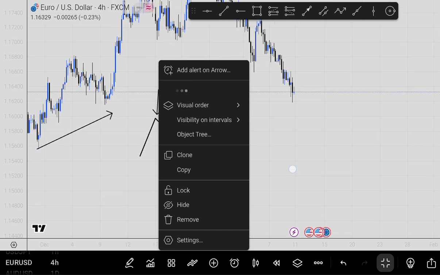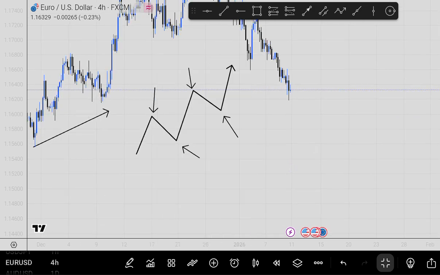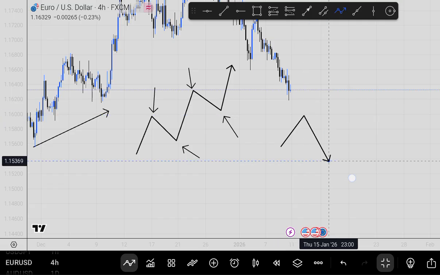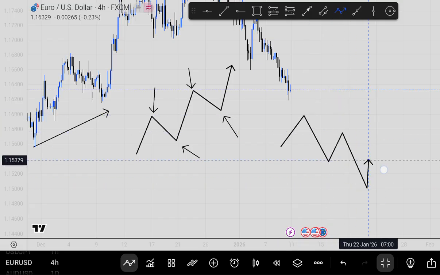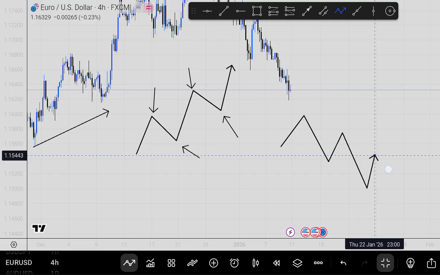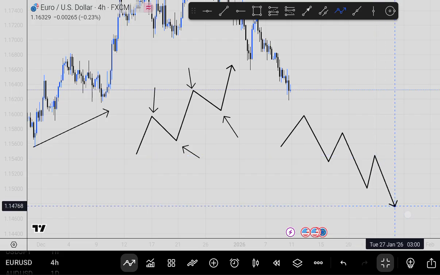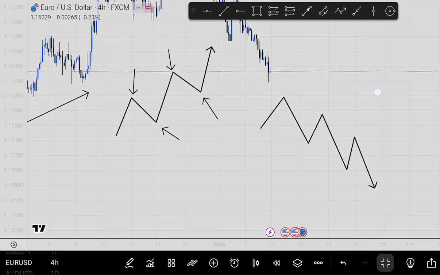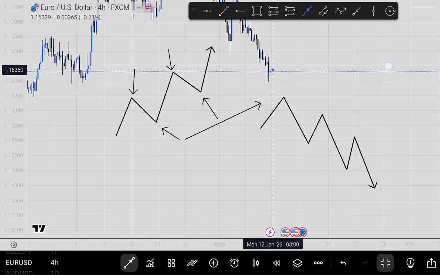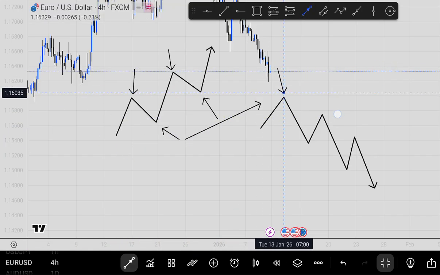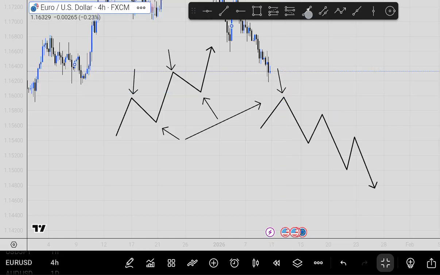For the downtrend market, we have this as our support and resistance. This is our turning point. Every turning point is either a support or resistance.